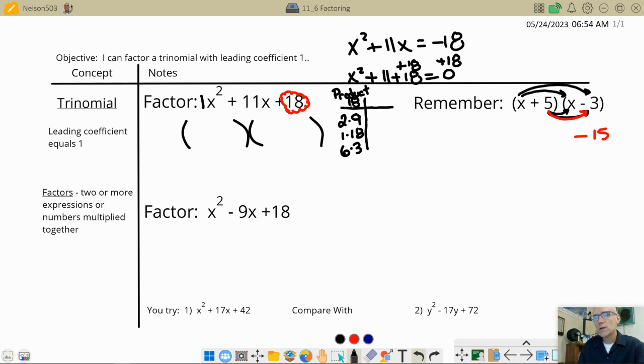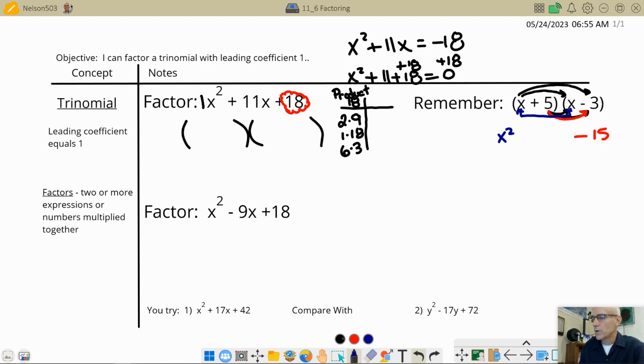Now, let's get back to the leading coefficient of 1. If we had two binomials multiplied together, the first terms, the x times the x gives us x squared, right? There's no other way to get x squared if we're going to have polynomials here than to have an x here and an x over here.